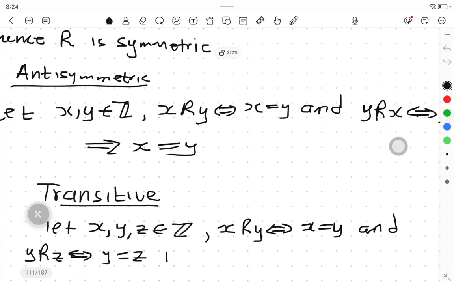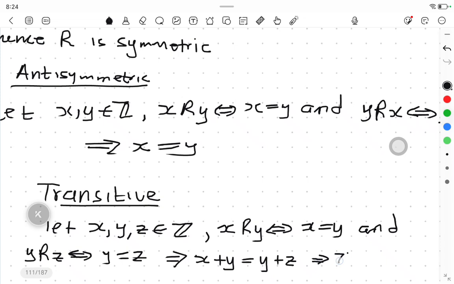Since we see that they have a common element, I'm going to imply that if I take this and add it with this, or subtract, I can do any, but I can add. I'm going to first add the left hand element and then add the right hand element. If I take x plus y, which equals y plus z, this implies that if I take y to the other side, they will cancel.